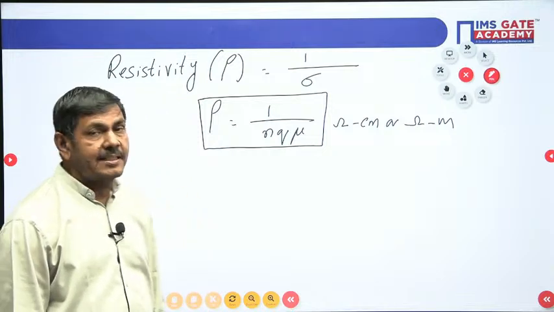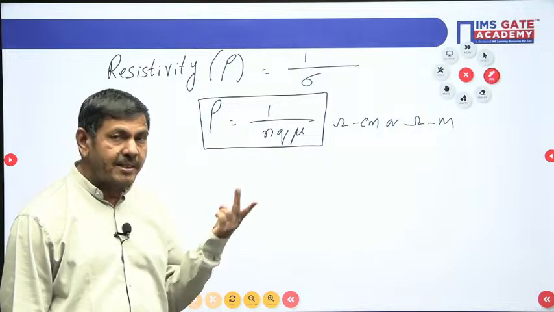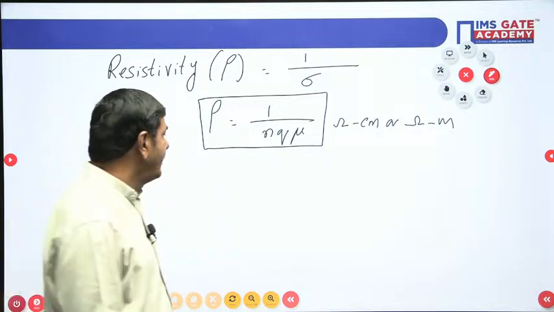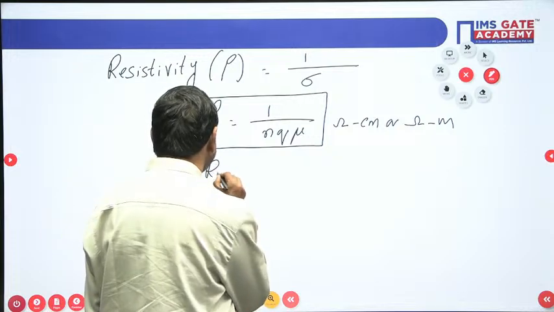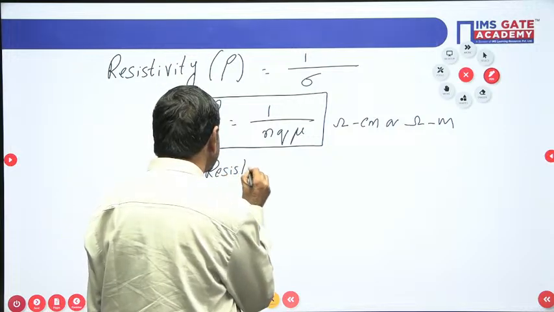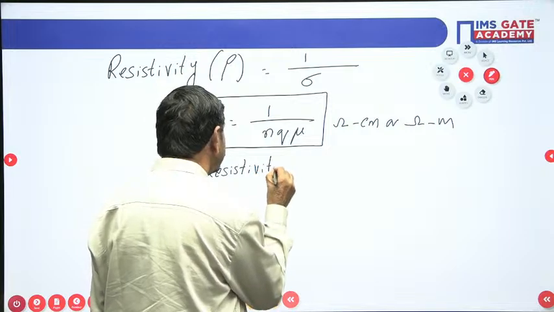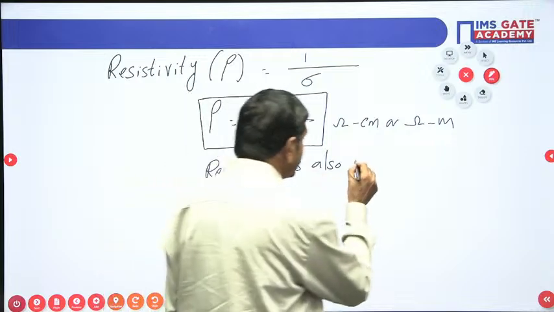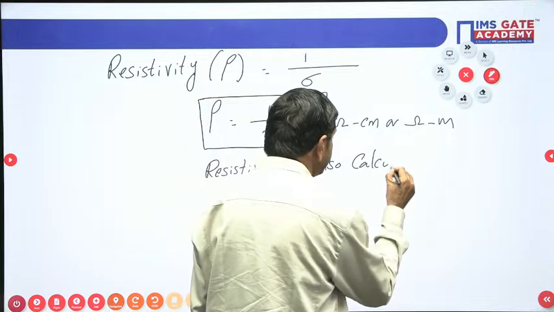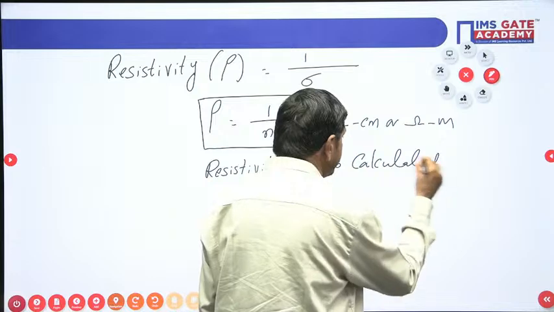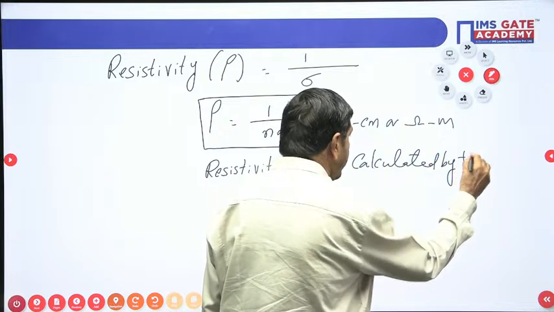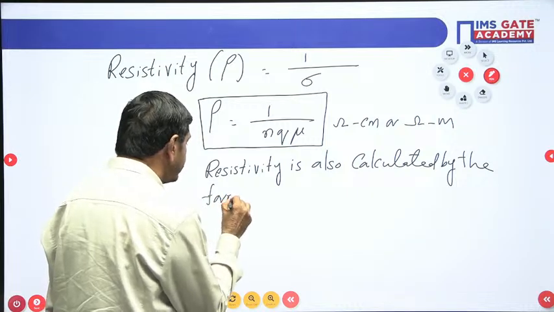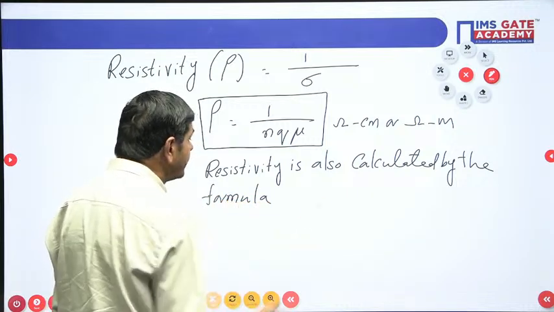Resistivity of the conductor or semiconductor can also be calculated by one more electrical formula. From electric circuits, you know one more formula. Resistivity is also calculated by this formula. What formula can you use?